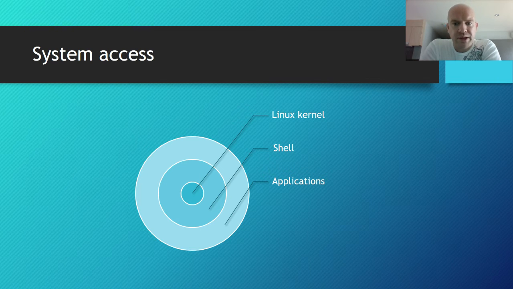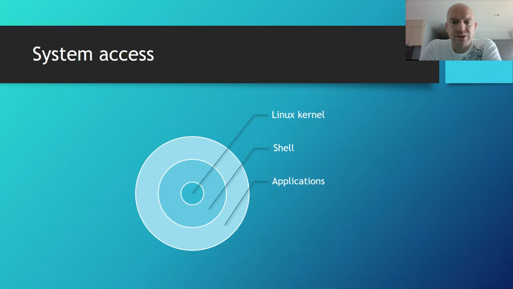So just to explain, the Linux kernel is called a kernel because it's at the center, it's controlling everything. And around the kernel you have a shell, which is the user interface. As a user, you use the shell to access the kernel and use the computer, but you also use the shell to start applications.